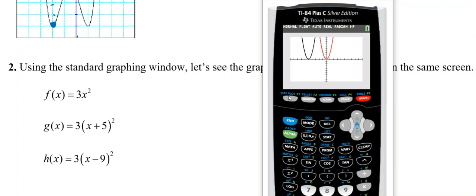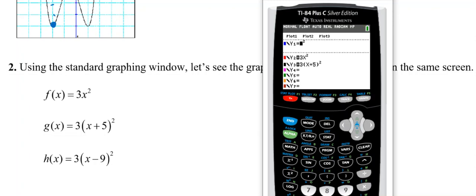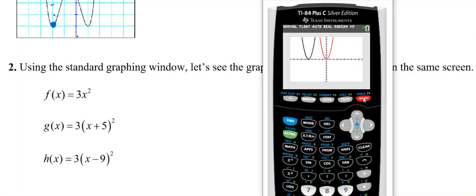Let's see what h of x looks like. So here I put 3 times (x minus 9) squared, and now let's look at the graph of the new function. Oh, actually, we might not see all of it, but you can see because it went 9 units to the right.